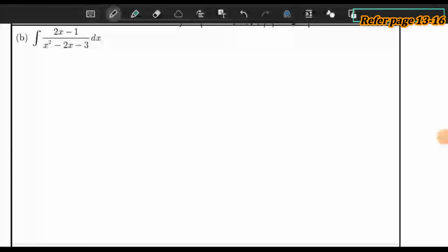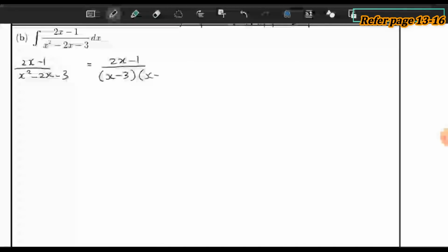Part B, we have 2x minus 1 over x squared minus 2x minus 3 can be factorized. It can be factorized as 2x minus 1 over x minus 3 x plus 1.